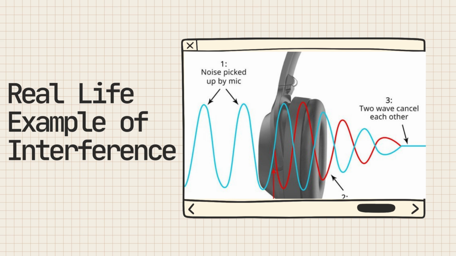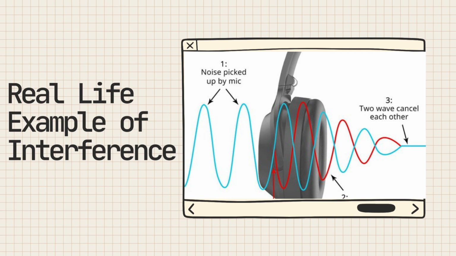And then there is destructive interference. Destructive interference is when the peak of one wave overlaps the trough of the other. This creates a partial or complete cancellation effect. The resultant wave exhibits a weaker amplitude or can vanish entirely if the waves perfectly oppose each other.